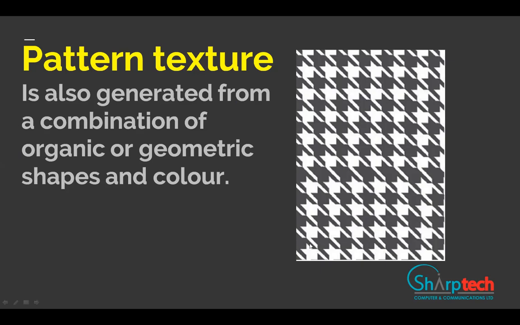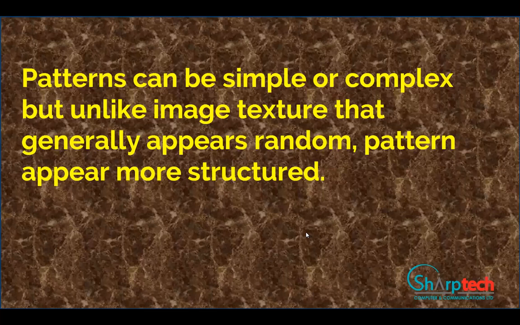But it is duplicated, it is repeating several times. And then because it is repeated, it gives you what we call a pattern. So patterns can be simple or complex.